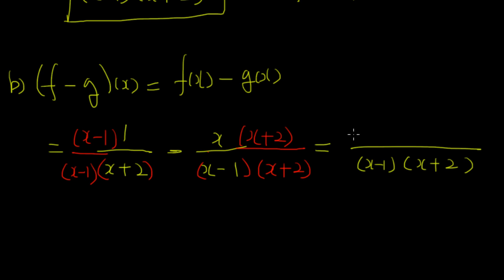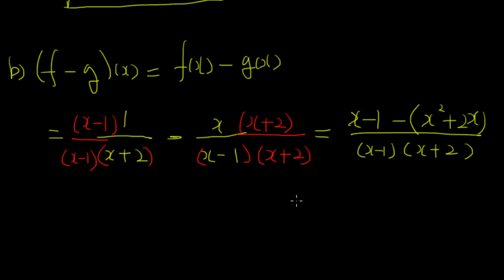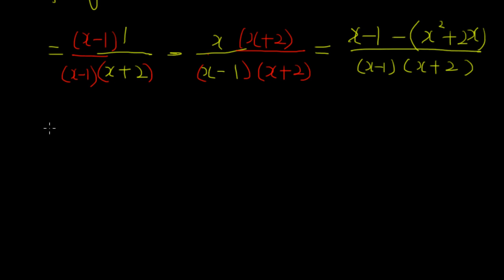The first part, however, is nothing really different. Now it's going to be minus, and let's put this in parentheses, so it'll be x squared plus 2x, just like that. Now, because that's a minus, this will be simplified as x minus 1 over x plus 2.